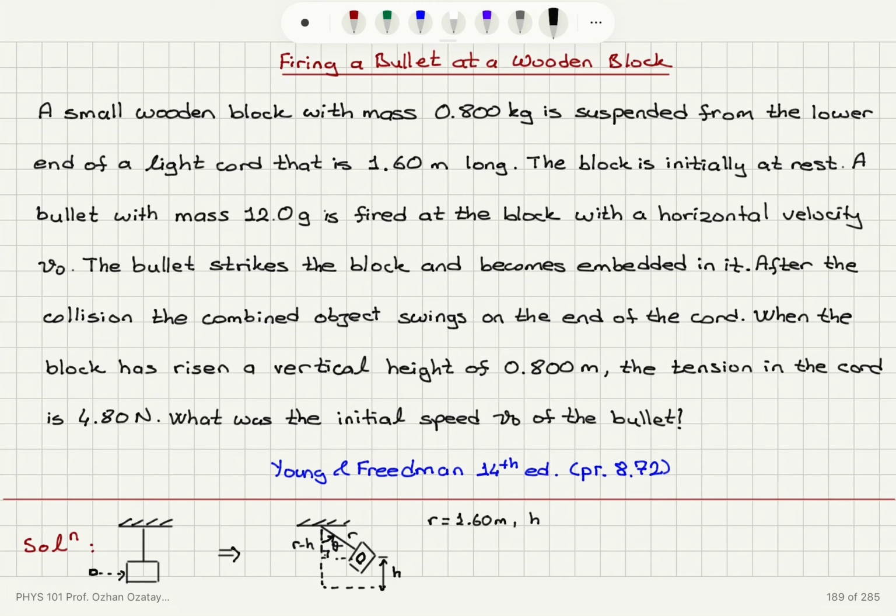The height h is 0.8 meters. And because the bullet gets embedded in this block, this is going to be a perfectly inelastic collision.